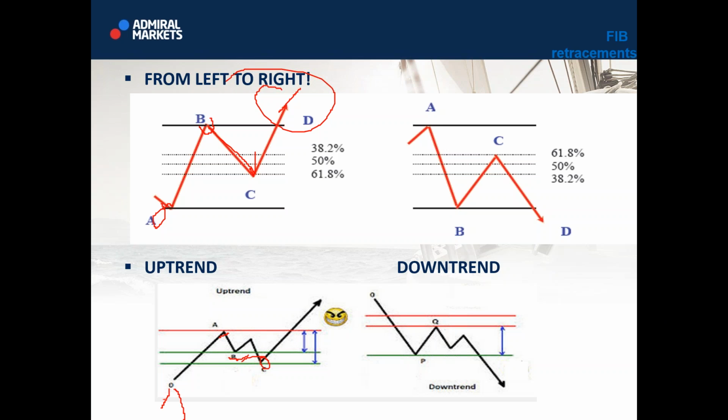Forget this. Use it like this. A, B, C, this is a wave, and D. Okay? A, B, C, mini retracement, D. Same. But this just represents a mini wave within a major Fibonacci move.